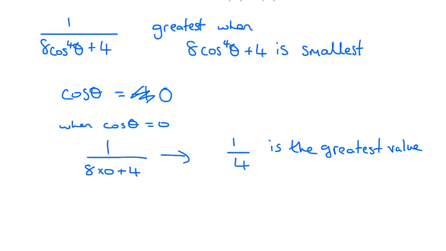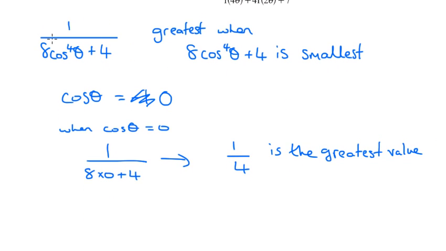When the function's at its smallest is when 8 cos to the power of 4 theta plus 4 is at its largest.